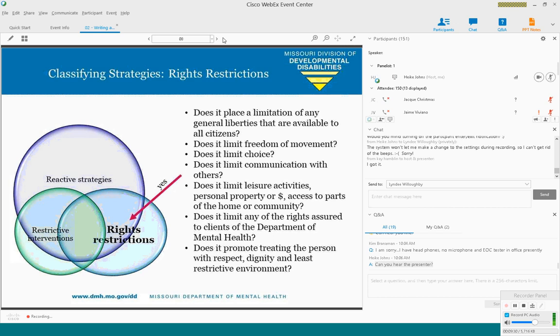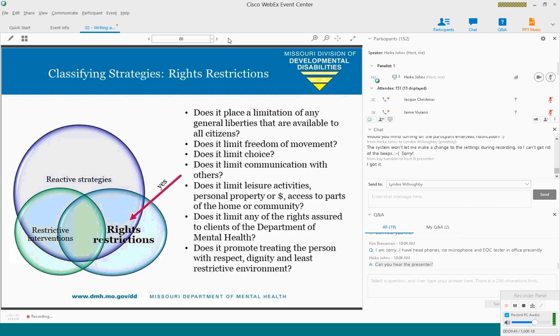So talking about rights restrictions, or limitations of a person's rights, these are things that you need to think about. If you're limiting a person's general liberties that's available to any of us, something that we would all have access to, it's a rights restriction.